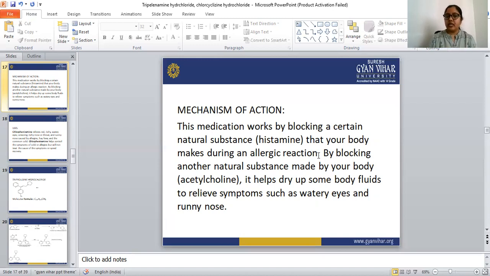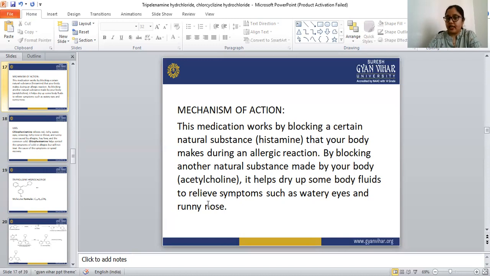At that time, this CPM blocks that naturally produced histamine, and also blocks another natural substance made by your body, that is acetylcholine. When we have an allergic reaction, our body produces histamine as well as acetylcholine.